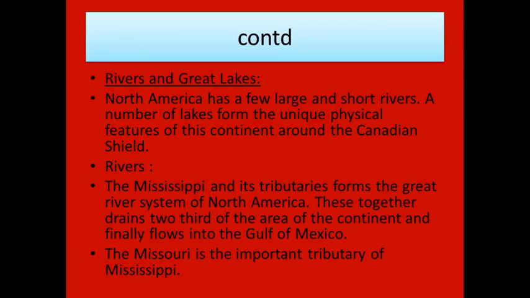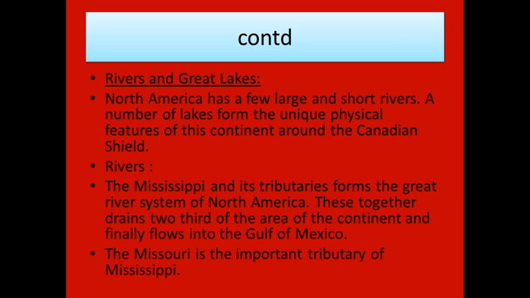Let me continue with the rivers and Great Lakes of North America. North America has a few large and short rivers. A number of lakes form the unique physical feature of this continent around the Canadian Shield. The Mississippi and its tributaries form the great river system of North America, which is very important.